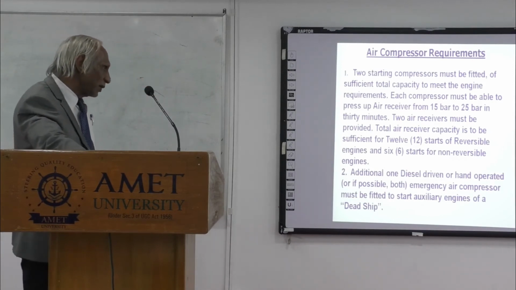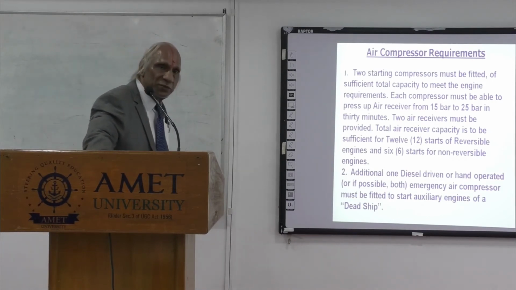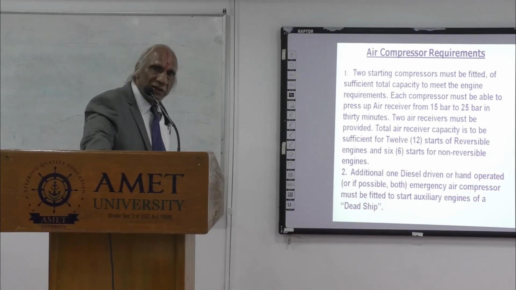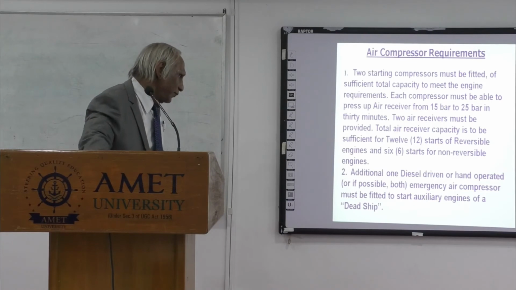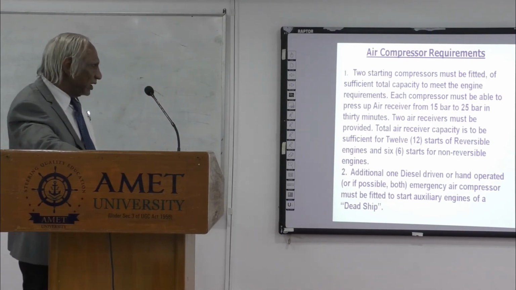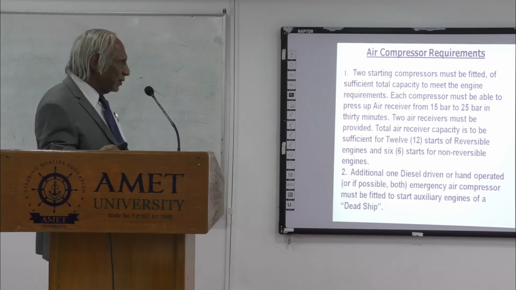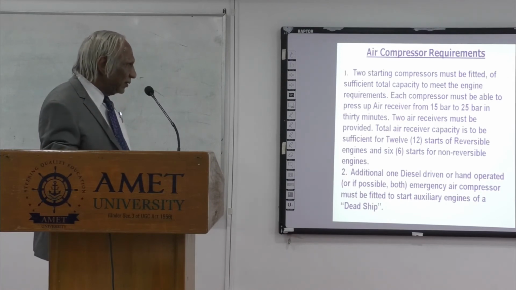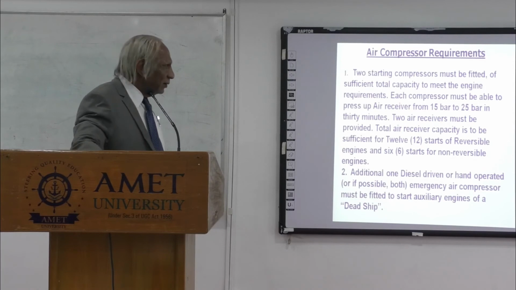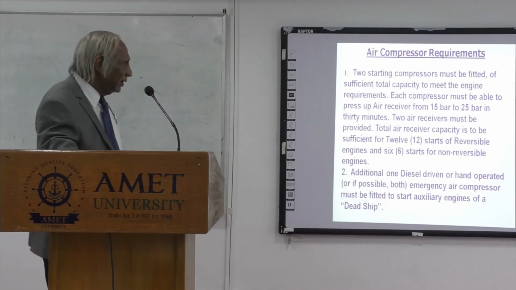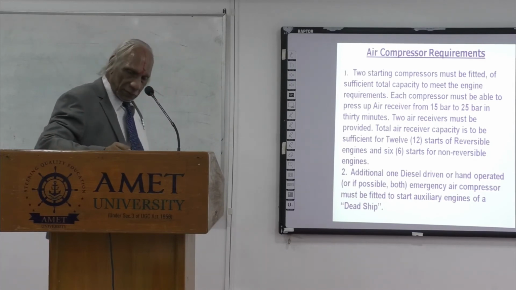Usually you have an emergency switchboard which is powered by the emergency diesel generator to supply power to the emergency air compressor. That's the way you recover. With the emergency air reservoir, you fill up with the emergency air compressor, then you start the main generators, energize the main switchboard, then power the main air compressor to refill the main air reservoirs.